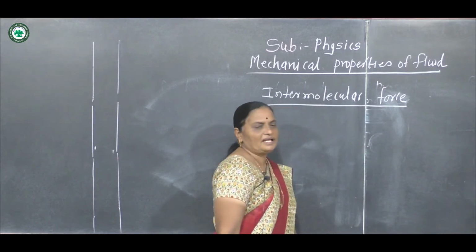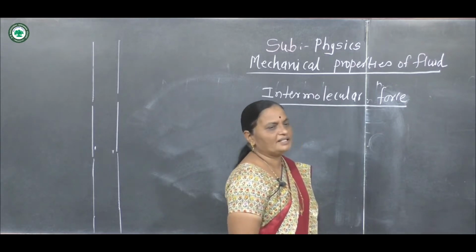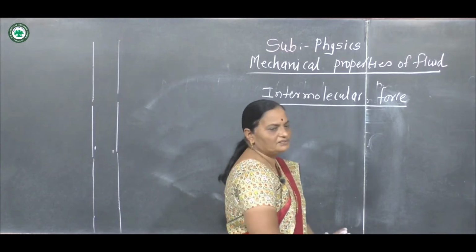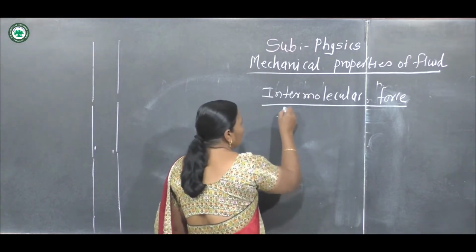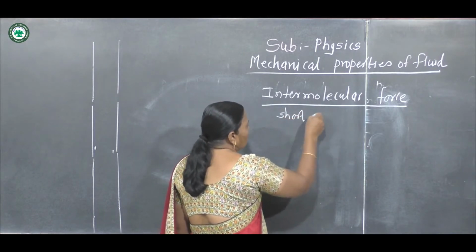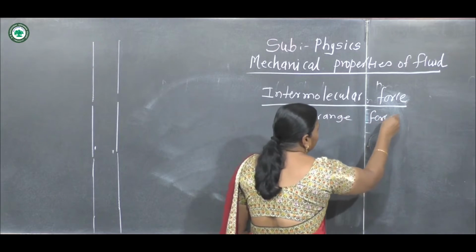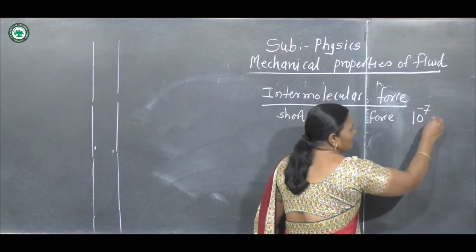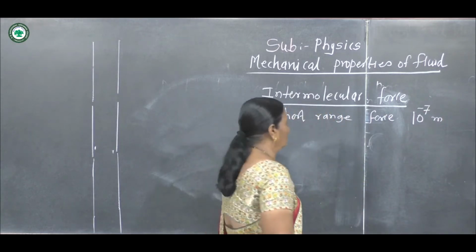There are different types of forces, you know: gravitational force, electrostatic force, magnetic force, and this intermolecular force. These intermolecular forces are short range forces. The range is about 10⁻⁷.